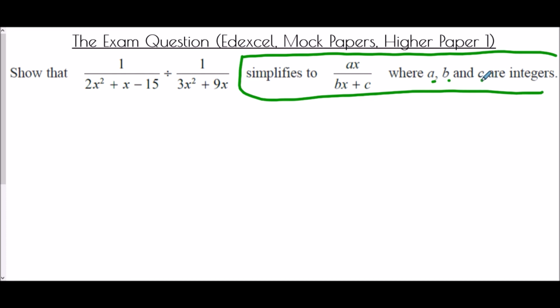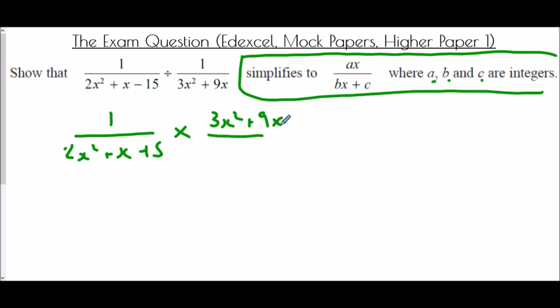So, what is our rule for dividing with fractions? Well, the first thing is that we do copy, change, flip. And so we do 1 over 2x squared plus x, take away 15. We change to a multiply, and we flip 3x squared plus 9x all over 1.